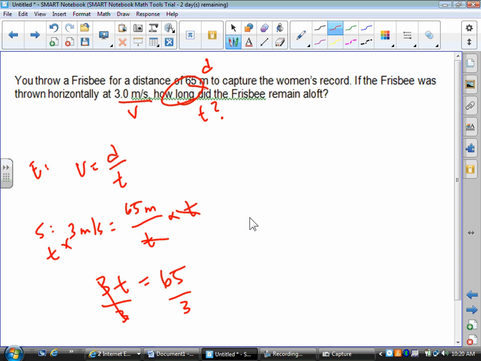So the time in this case is going to be 65 divided by 3, which is 21.7 seconds for the frisbee. This is one of the more basic problems, and it's very similar to a problem that you'll see on the test. So as long as you're able to solve it, you'll be in good shape.